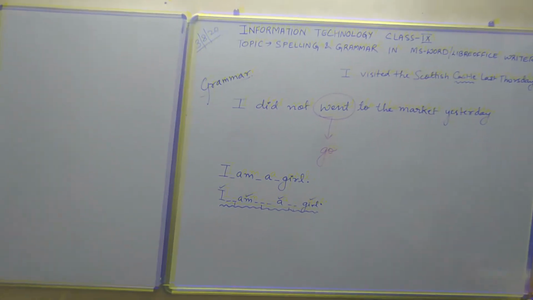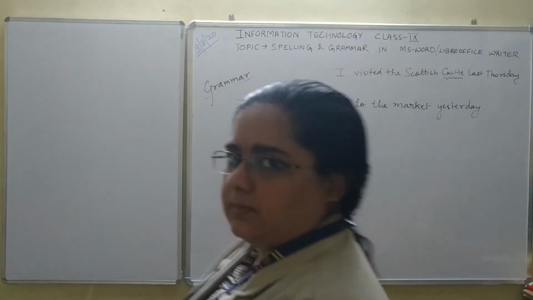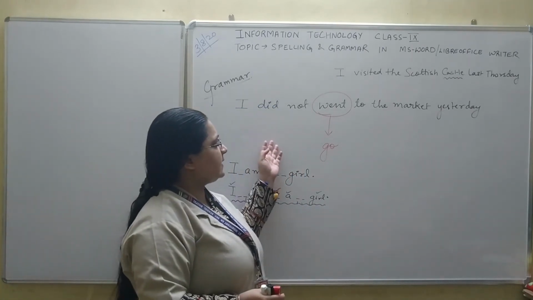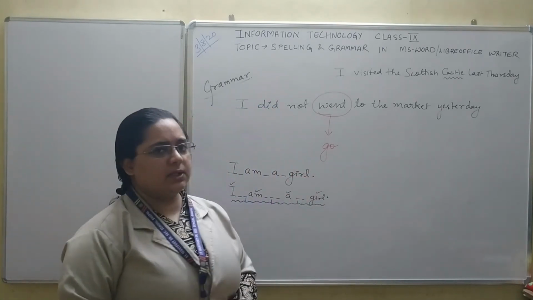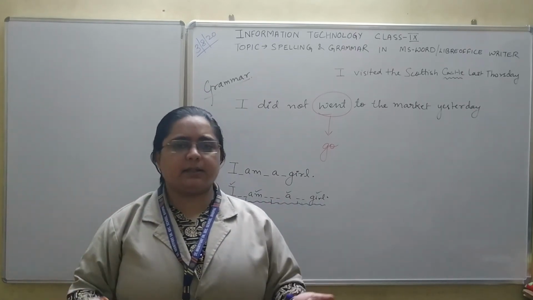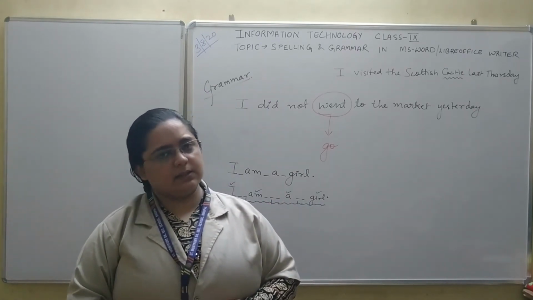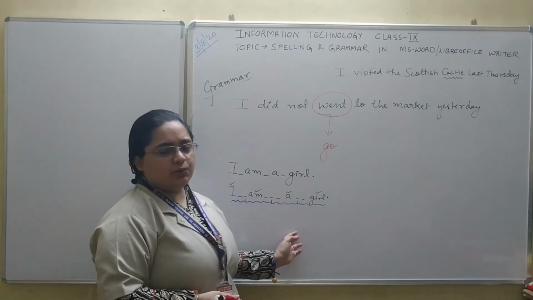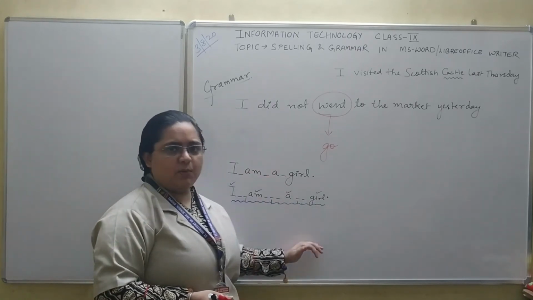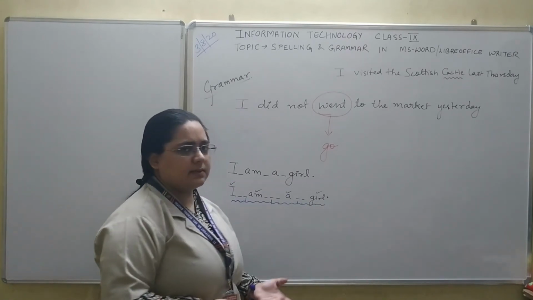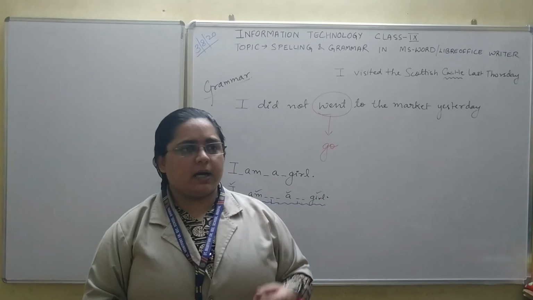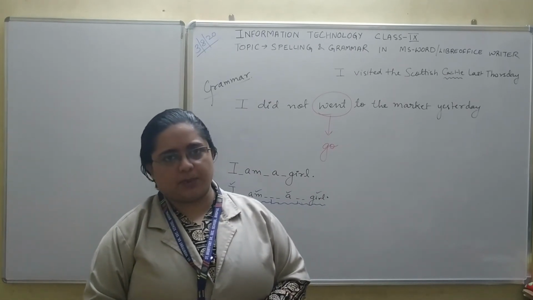So students, today we learned how to use the spell check feature in MS Word and Writer and any other word processing software. Trust me, it is a very useful tool which you can use to remove any kind of typo mistakes or grammatical mistakes in your document, and finally you can create a professional looking document.